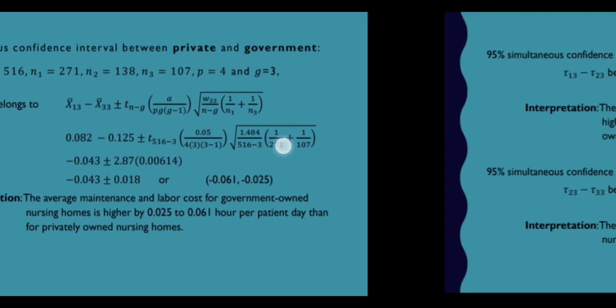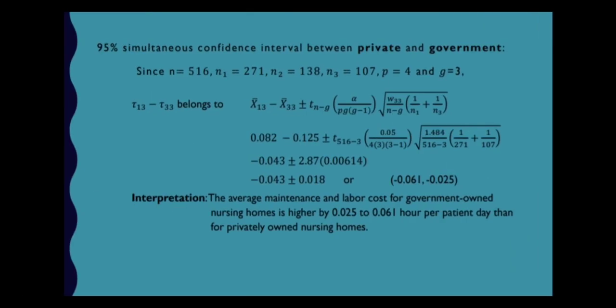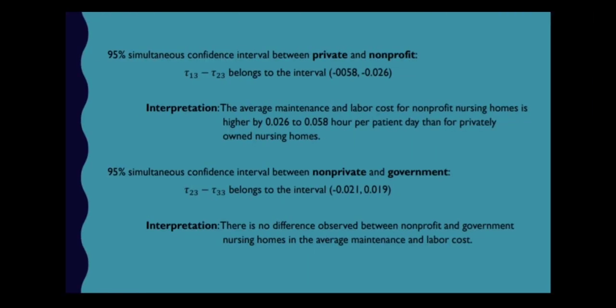And then also you can interpret using the same method, cuma ubah dia punya value apa yang akan berubah. Value di sini dan juga di sini will be differ. Untuk you nak tengok confidence interval between private and non-profit, which is the first population and second population.